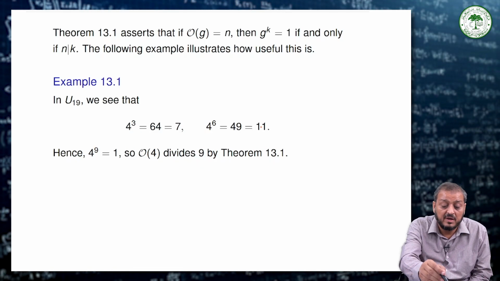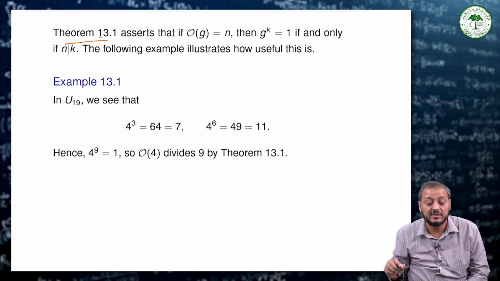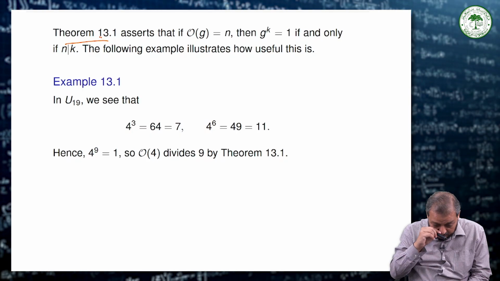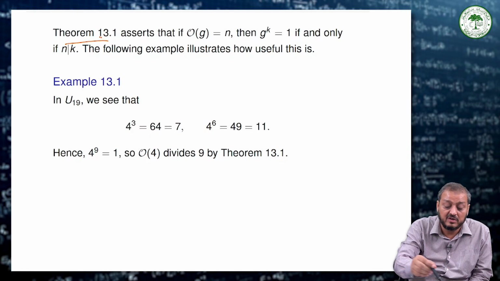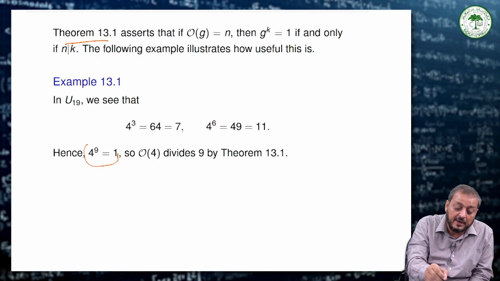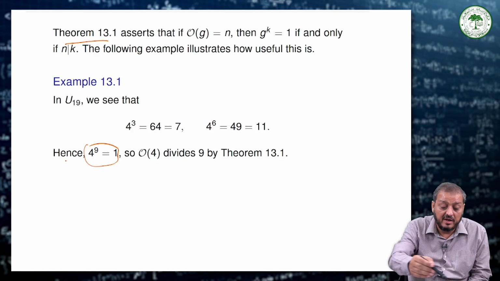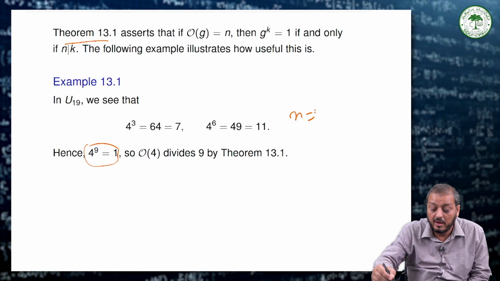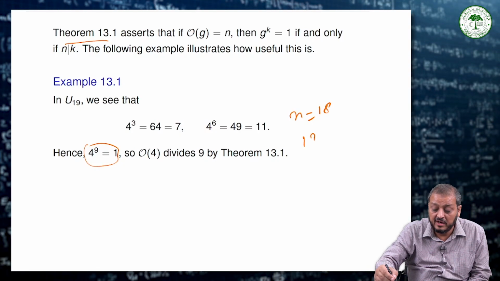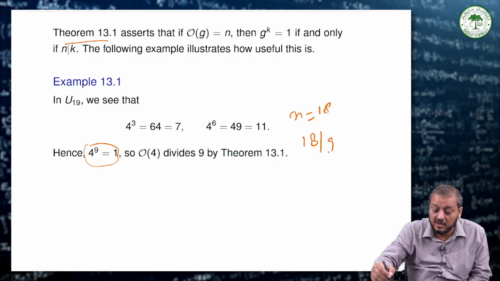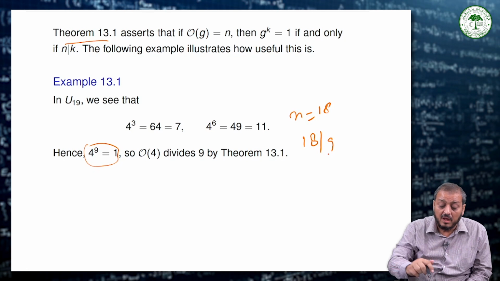By the previous theorem, n divides k. So, if g to the power k is equal to identity, so 4 to the power 9 is equal to identity, and n is equal to 18, then clearly 18 divides 9.